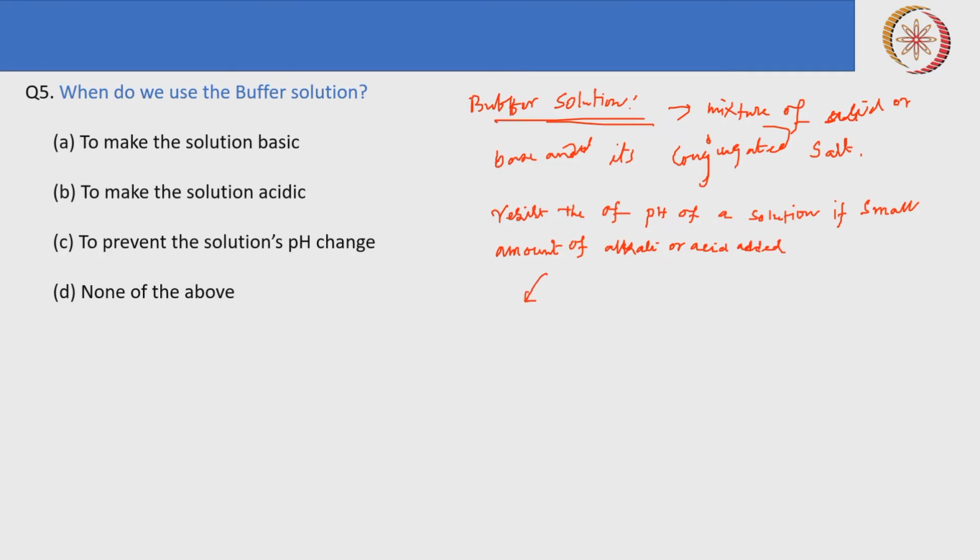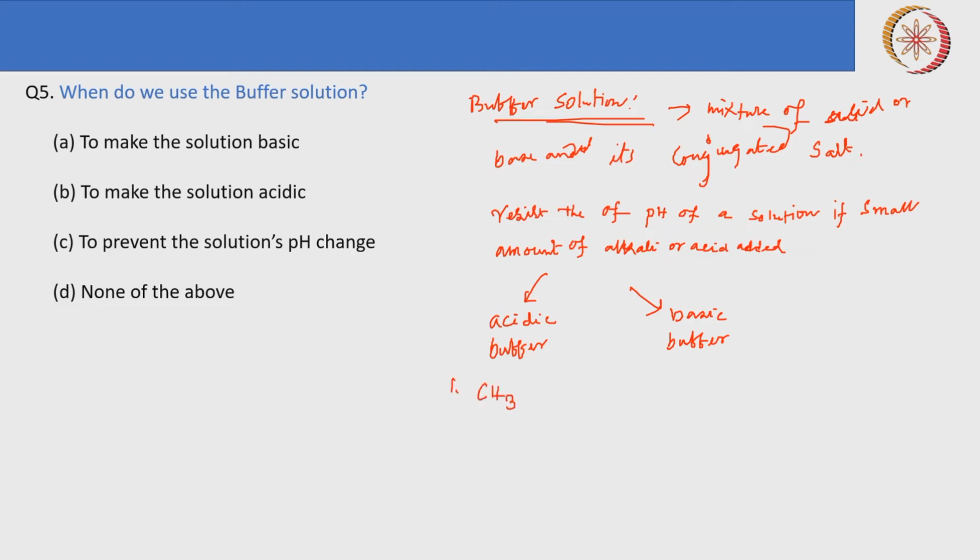Okay, so there are two types of buffer solution. One is acidic buffer solution. The other one is basic buffer solution. Take one example.